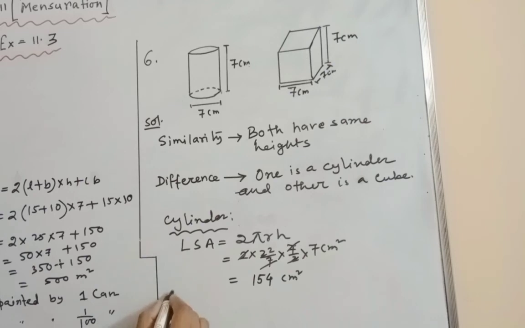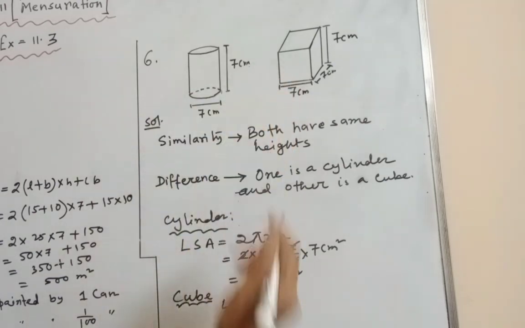154 centimeter square for the cylinder. For the cube, lateral surface area means the area of the four walls.